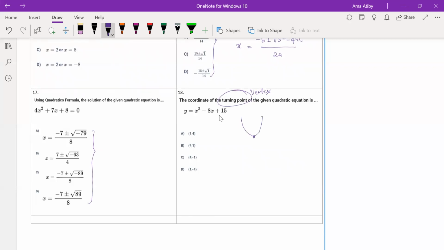So this is the turning point. I believe that I have solved questions like this previously. You just need to refer to the previous number to see how I solved the questions about finding the maximum or minimum points.